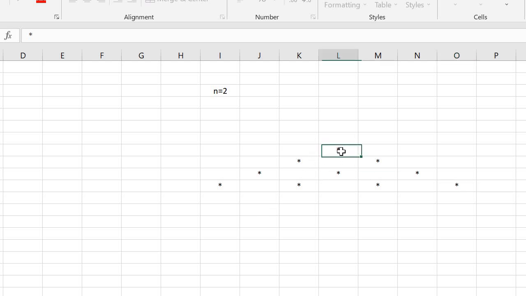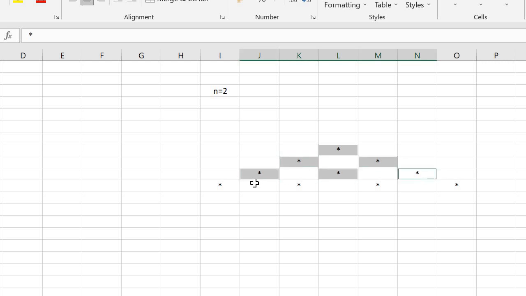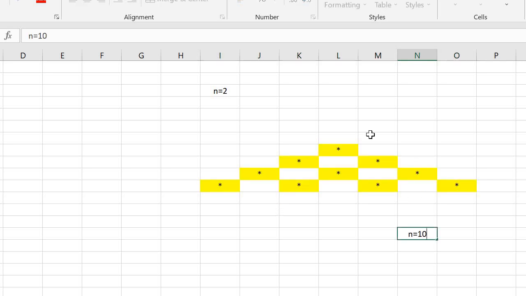If you notice, there are 10 asterisks. I will call them dots. These dots are forming a triangle. So I can say if n is equal to 10, they are forming a triangle.